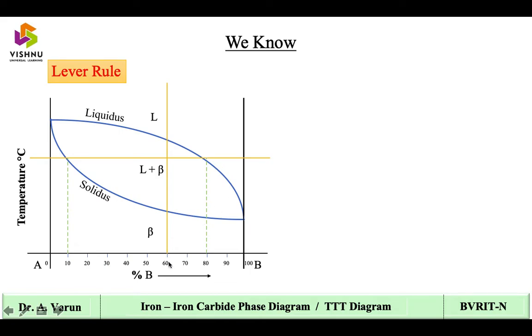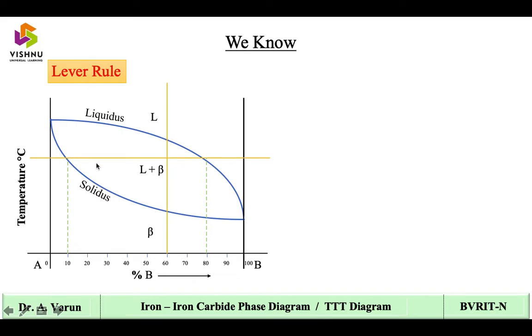Second rule is to draw a vertical line at the given unknown composition which we need to find out at that particular two-phase region. So when you draw a vertical line, it will cut the tie line into two halves.